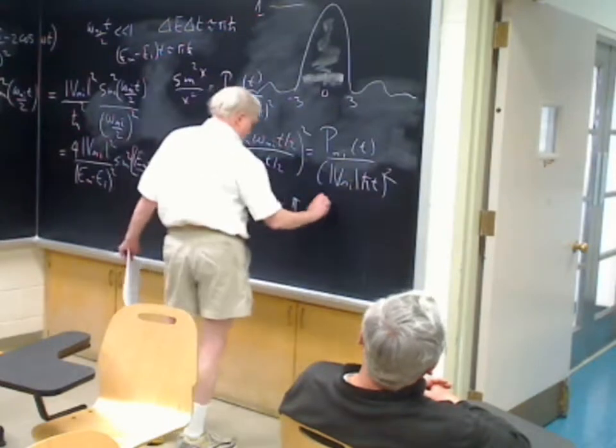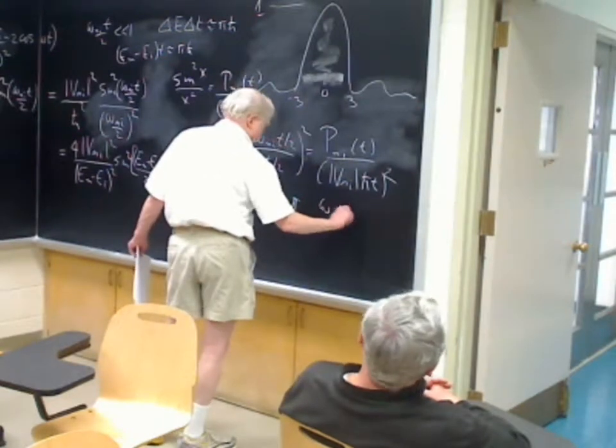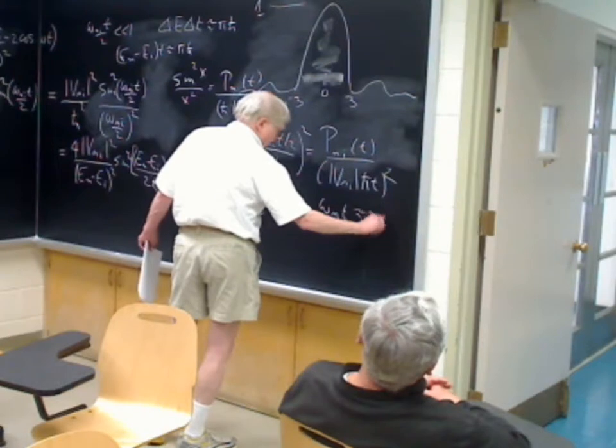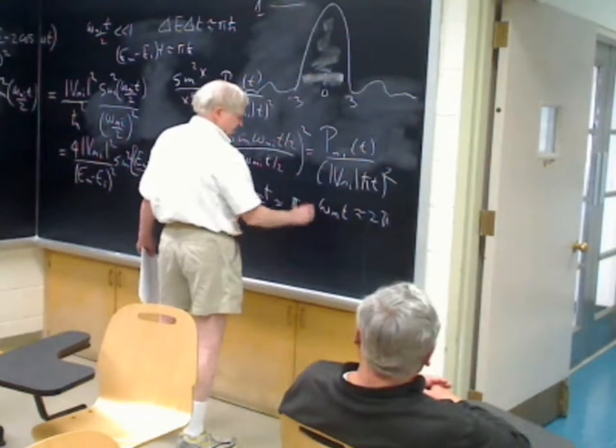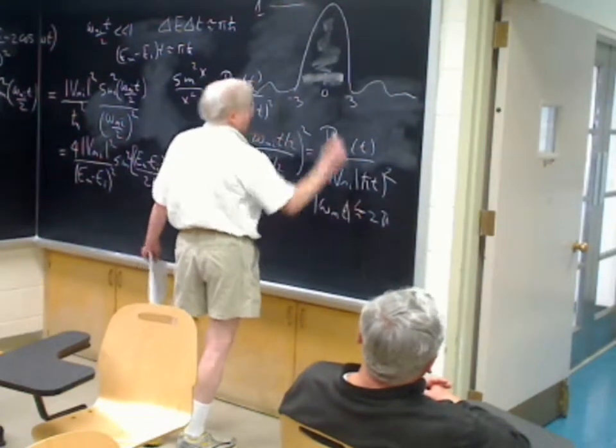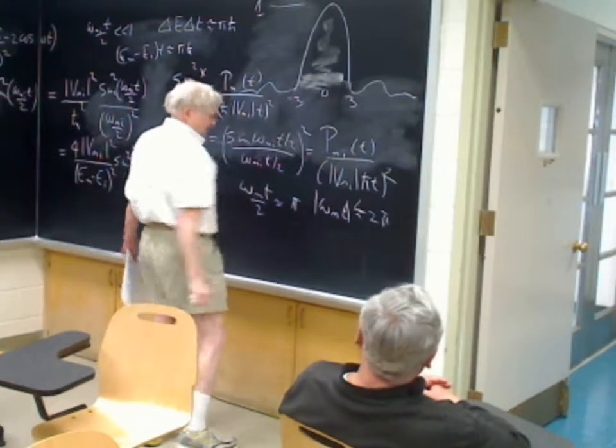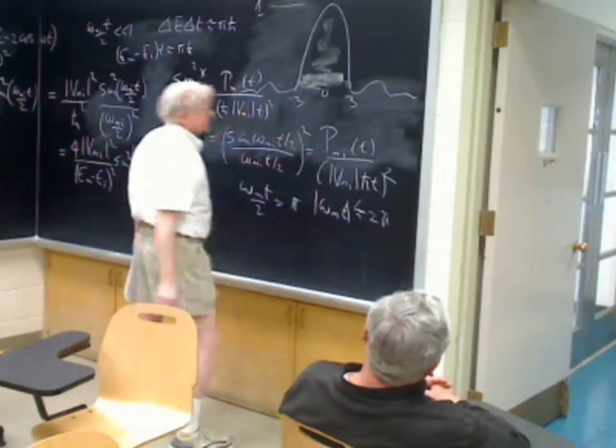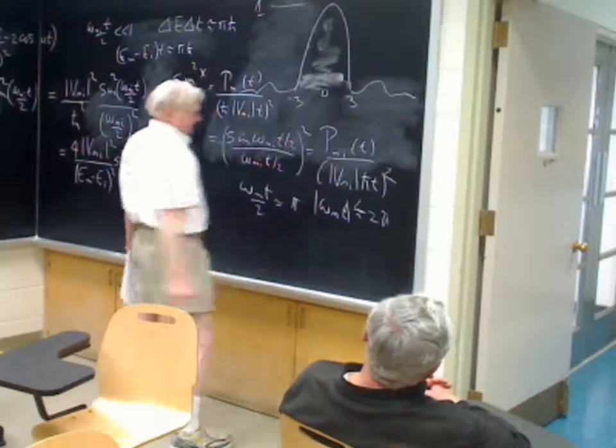So what you've got is omega_ni t, in absolute value, is less than or equal to 2 pi. Or half of that, if you want to go up to this part of the peak.